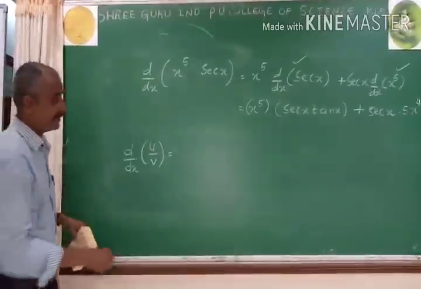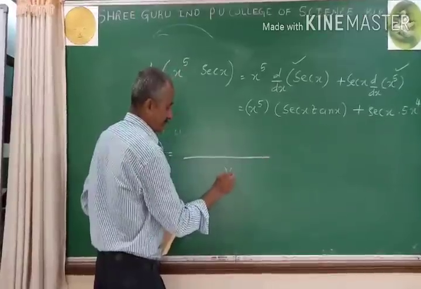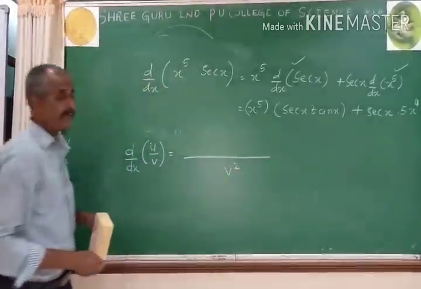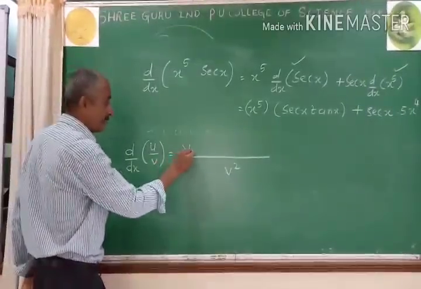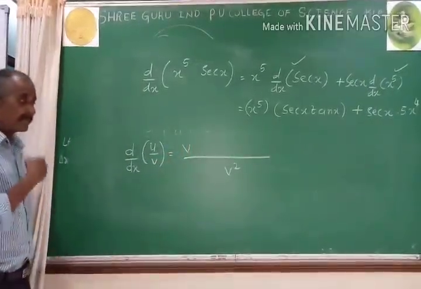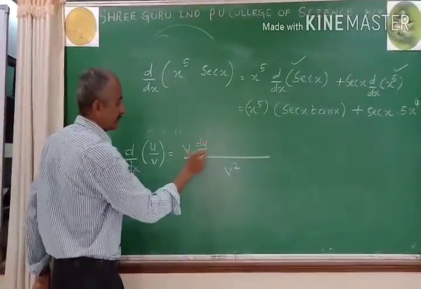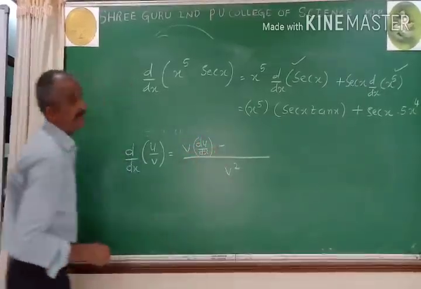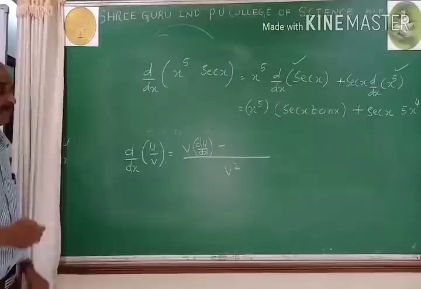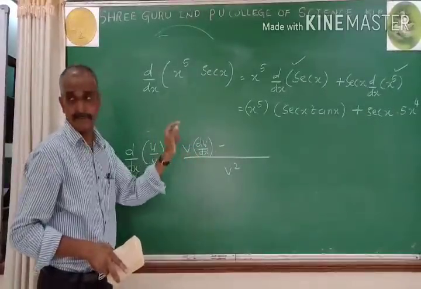So first always you must write v square, meaning denominator whole square. Then write in the numerator v followed by differentiation of u, that is du by dx. Then write minus. You have to keep in mind very correctly, in product rule we had plus, whereas in quotient rule it will be accompanied with minus.